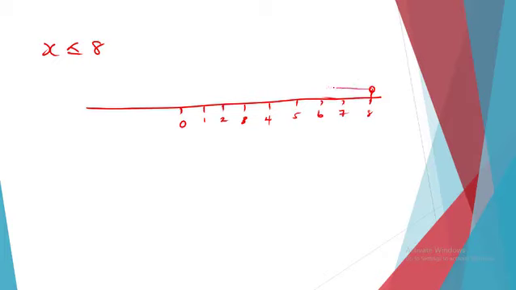We have a point like this because we are told that x is less than or equal to 8. Where the arrow stops does not matter. It can stop at 0, it can be as long as whatever. So where it stops does not matter, and at this point you say that x is less than or equal to 8. Okay, so that is all about the introductory part of linear inequality.